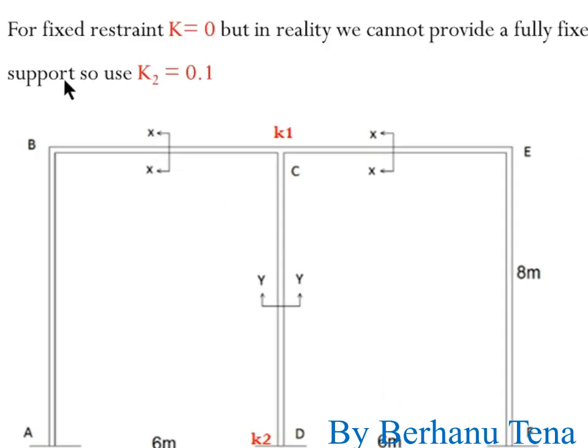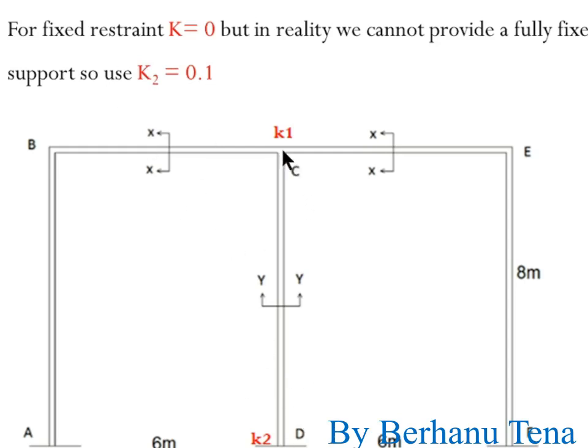Then k2: for fixed restraint k is 0, but in reality we cannot provide full fixity, so at least let's use 0.1.